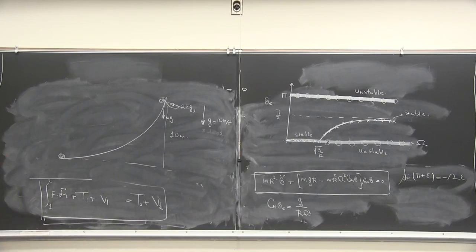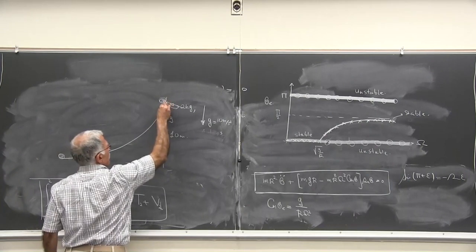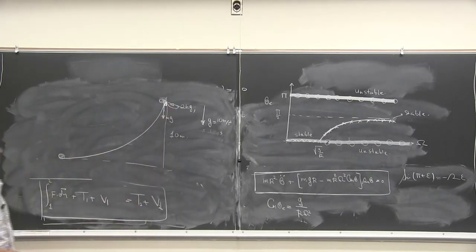You can go ahead and put F dr, mg times dr, and you can see it's only dz that is important. If you multiply mg by dr, then it's multiplied by dz only. Therefore, you can say mg dz or dy, and you can see that it doesn't depend on the path.